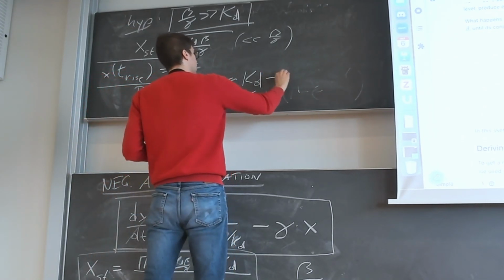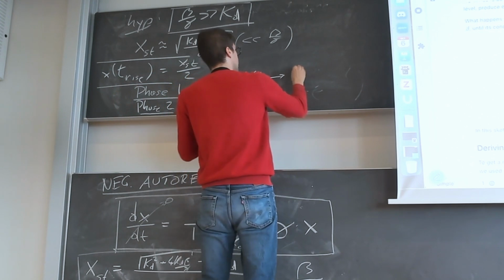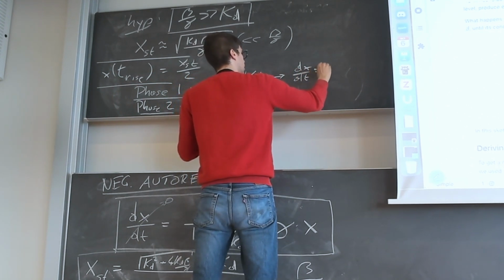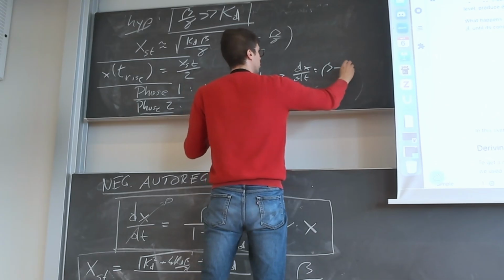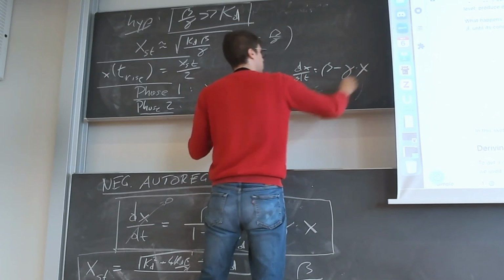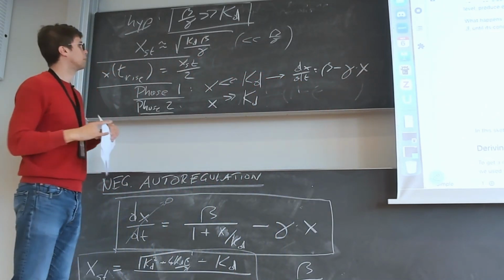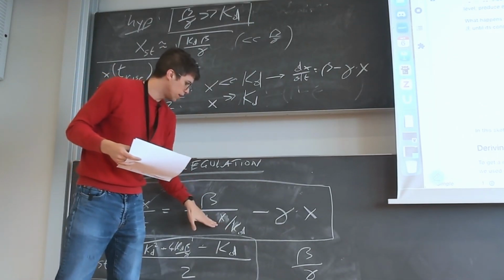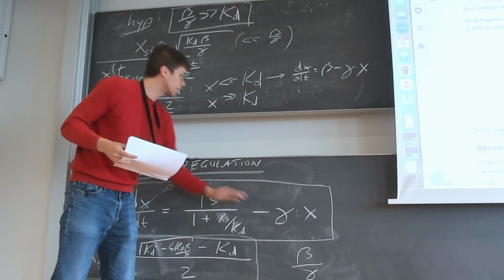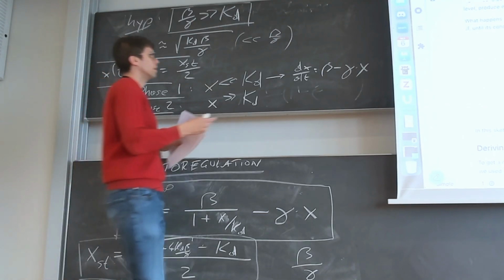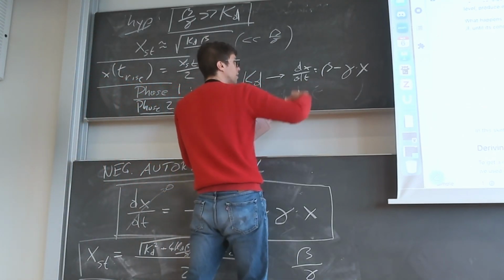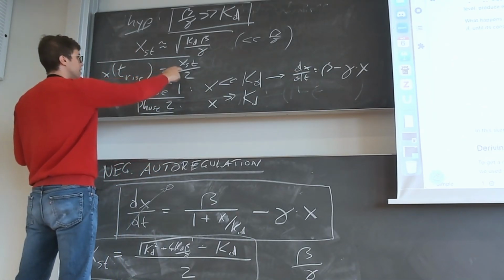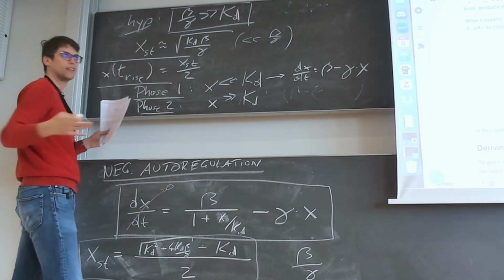And for x much smaller than kd, what you will get is just our ordinary differential equation as we had it without any regulation, because x is so small in relation to kd, so that this is more or less 0. And then you're rising up until beta over gamma, but to hit your target of x steady state over 2 for the regulated system, that's way too high.